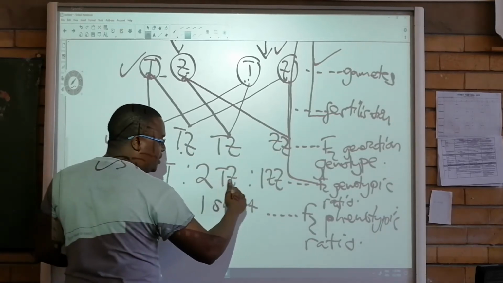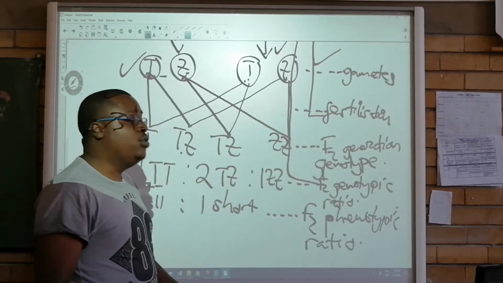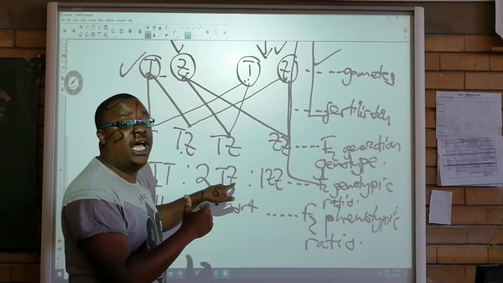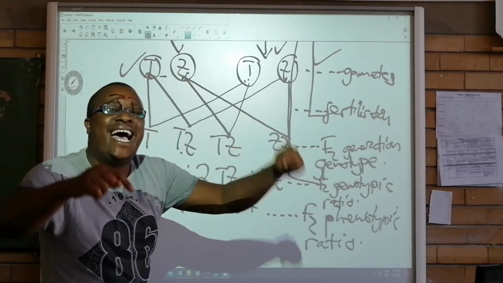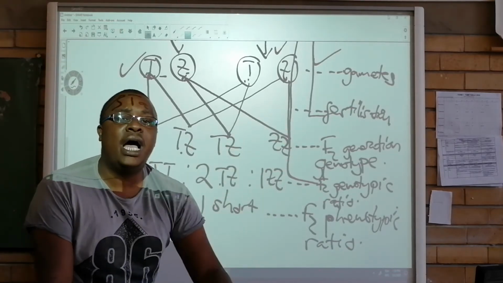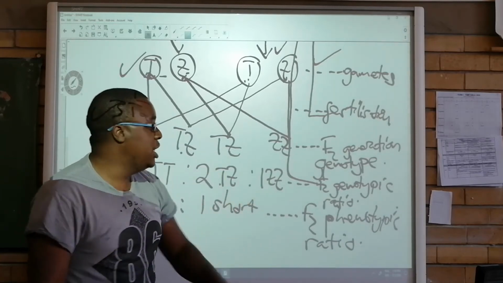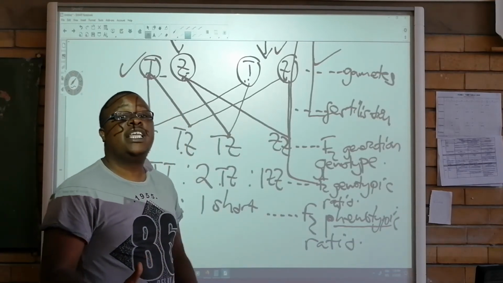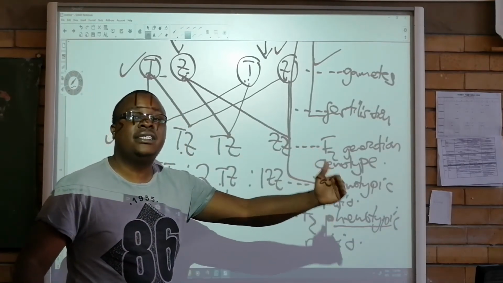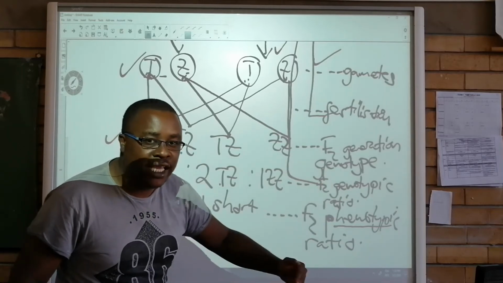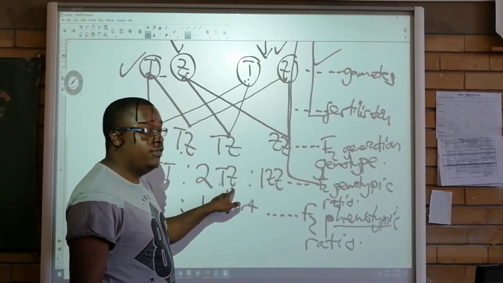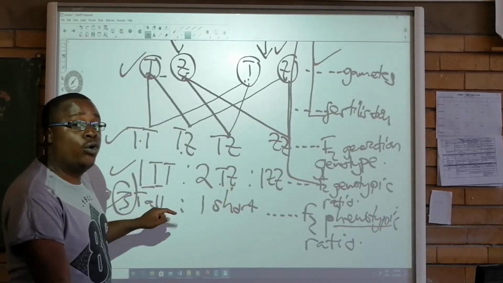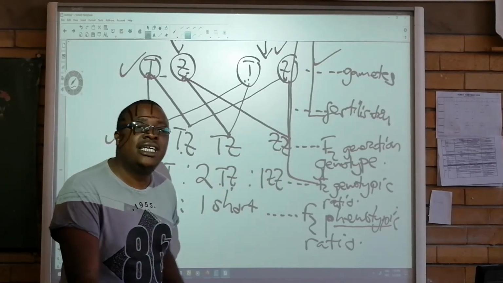But in this heterozygous one, the dominant allele, when combined with the recessive allele, has its characteristics become visible in the phenotype, because the dominant allele's characteristics mask the characteristics of the recessive allele. Therefore, we end up with 3 tall people, and this is complete dominance.